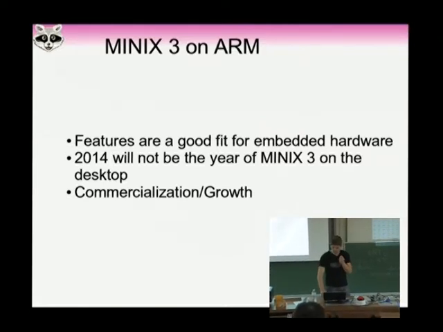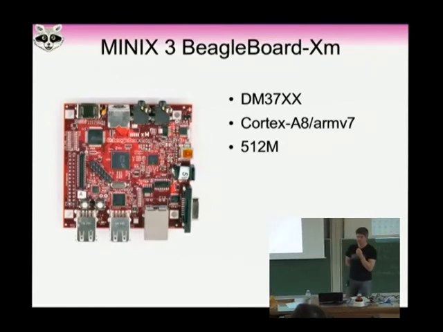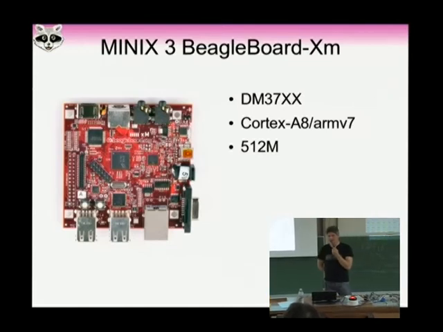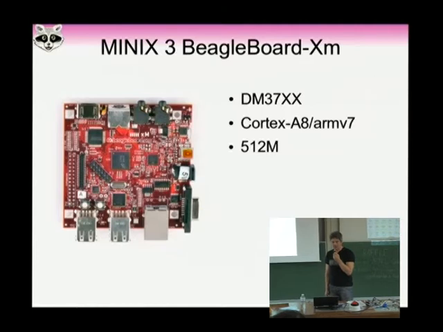The target we chose for this is a BeagleBoard XM, which is a board from Texas Instruments that released like 5-6 years ago. They did their first release of that board. It contains an OMAP 3 system on chip. It's a Cortex A8 ARMv7 system with 512 megabytes of RAM.